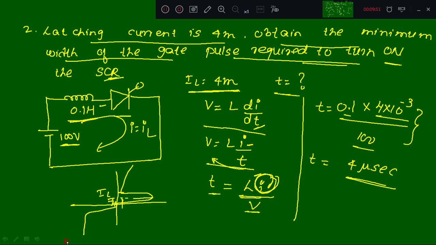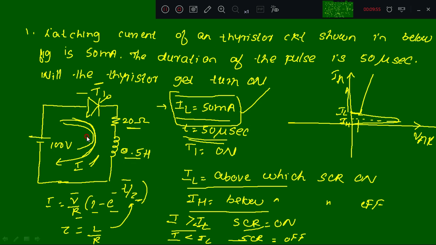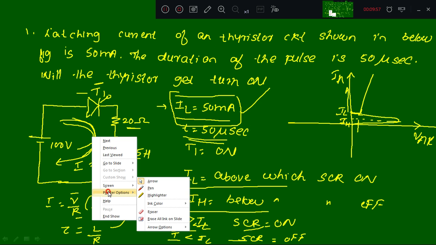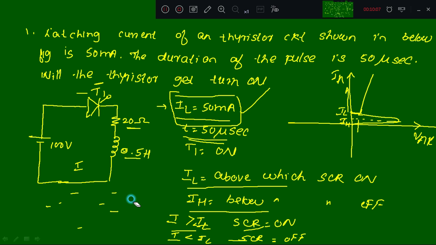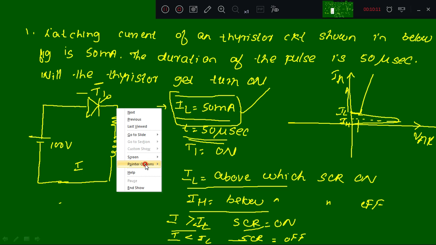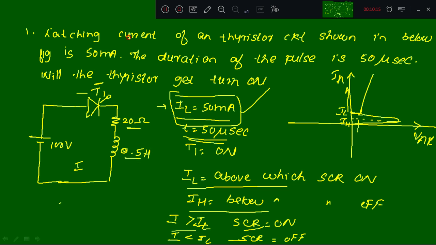I'll just repeat the previous problem, what we have done. What is being asked here? Here in the problem, latching current is given.